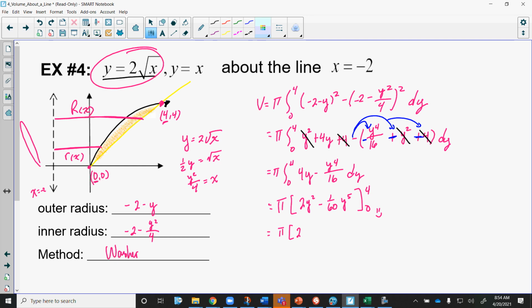I have 2 times 4 squared minus 1/60th times 4 to the 5th, and 16 times 2 will give me a 32, and then 4 to the 5th power divided by 60 works out to be, in this case, 64 fifths.